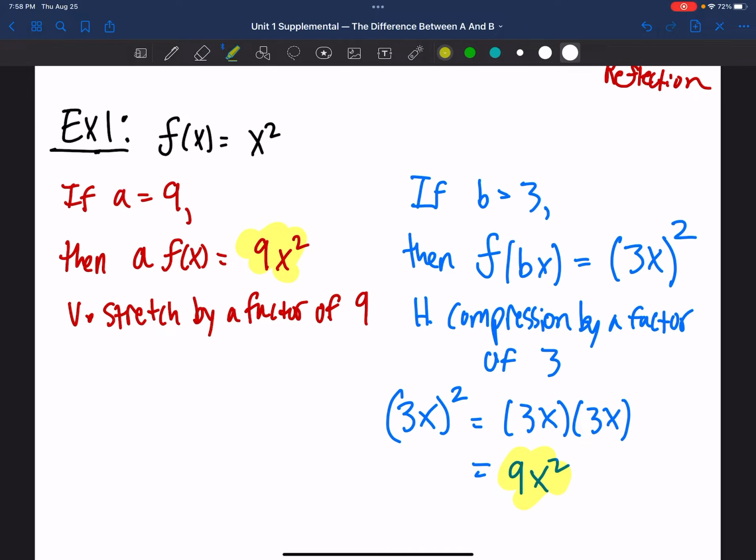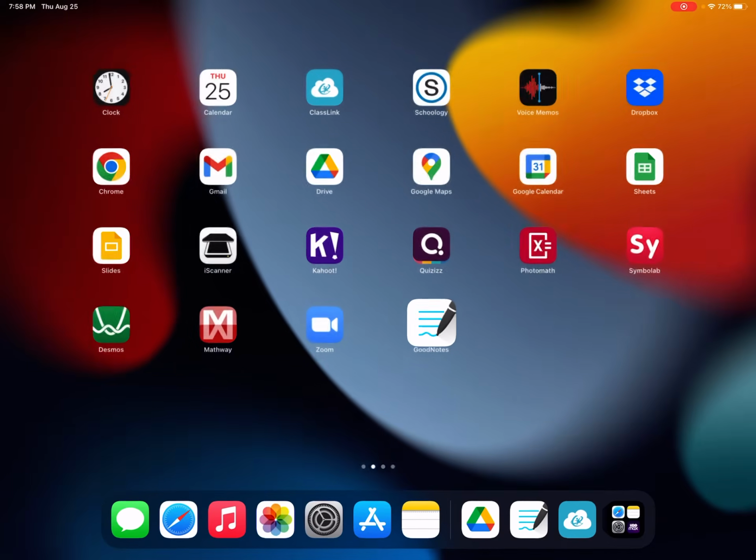And that's what I meant earlier by being a little bit arbitrary. It's not that important whether you interpret this as a vertical stretch by a factor of 9 or a horizontal compression by a factor of 3. I mean, really, it's not, because they are the same thing.